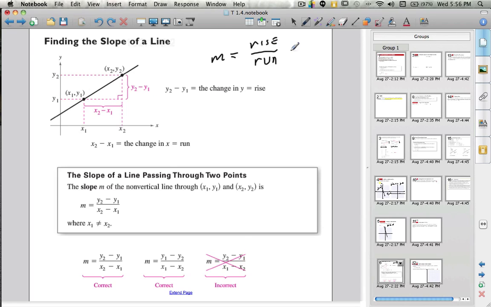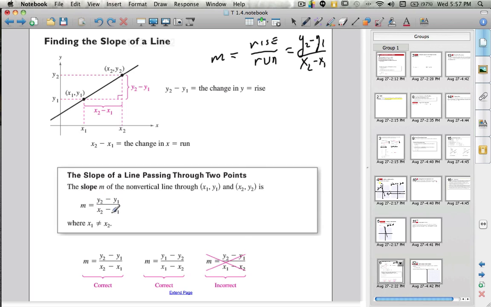That would equal the rise. And the run is the horizontal change, and that can be calculated by finding the difference between the x-coordinate of the second point and the x-coordinate of the first point, x2 minus x1.